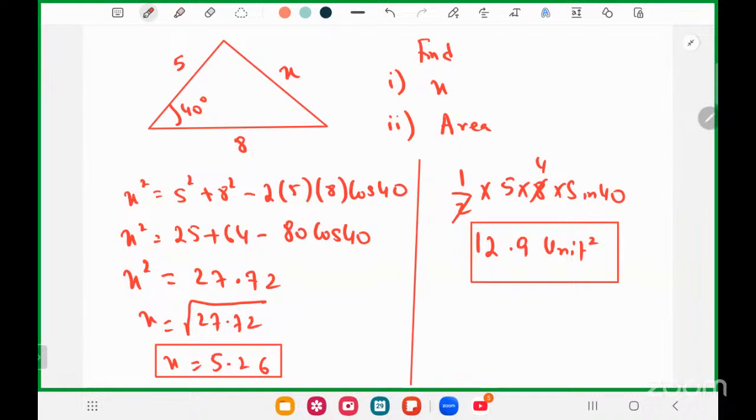I hope this is clear. I hope this makes sense. आई होप सबको समझ में आ गया कि क्यों कोसाइन रूल लग रहा है.